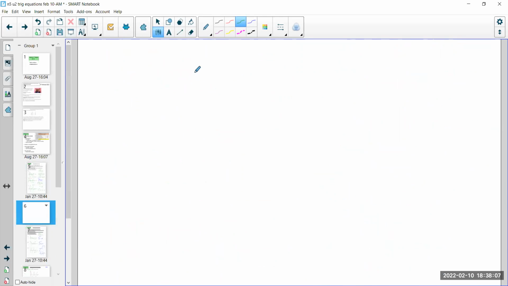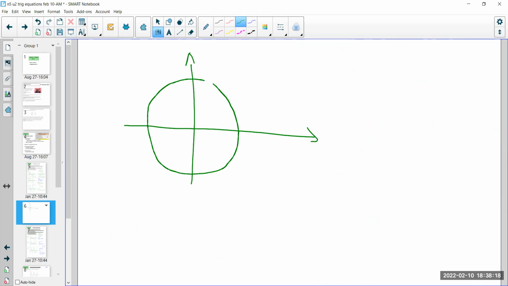So what you will find is, if you remember, you had a circle, a circle with a radius of 1. So this is how you should remember what we've just done. Y represents the sine axis. Y is the sine axis. Okay, Y represents sine and X represents cosine.